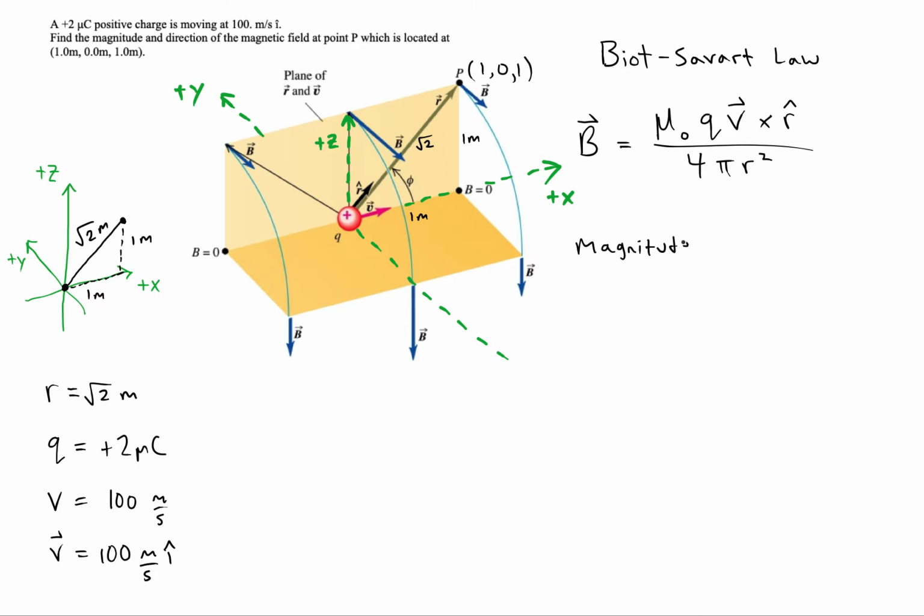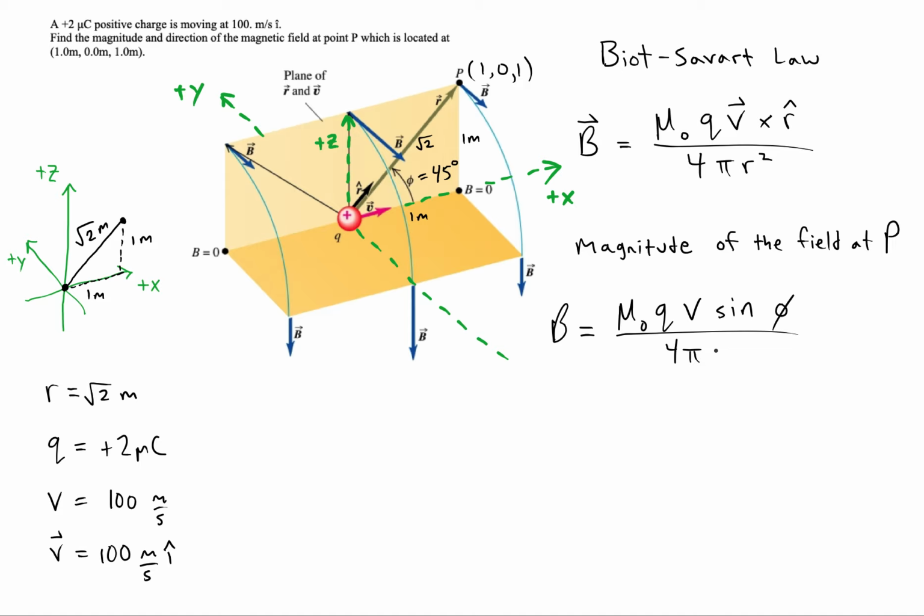Let's find the magnitude of the field at P. For that, we'll write B equals mu Q V, and then we can use sine of an angle. In this case, they said the angle here was phi, and that's going to be 45 degrees. Later, we can determine the direction using one of the right-hand rules.